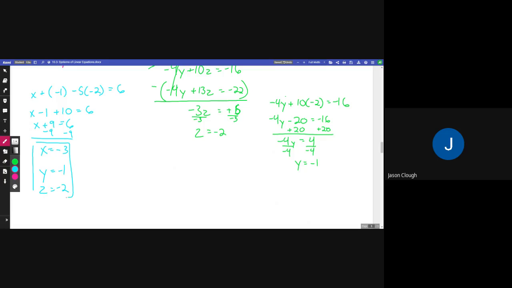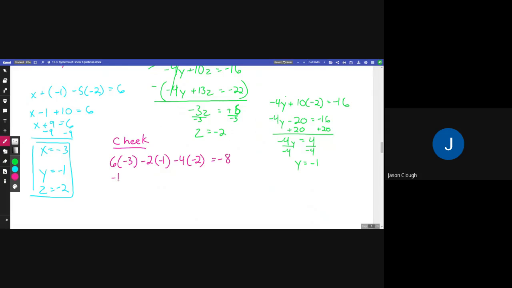Always do a check. So I'm going to use the first equation. So 6 times negative 3 minus 2 times negative 1 minus 4 times negative 2 equals negative 8.